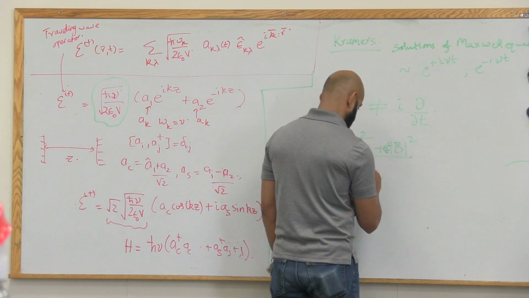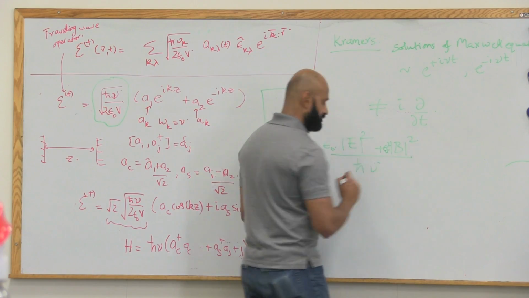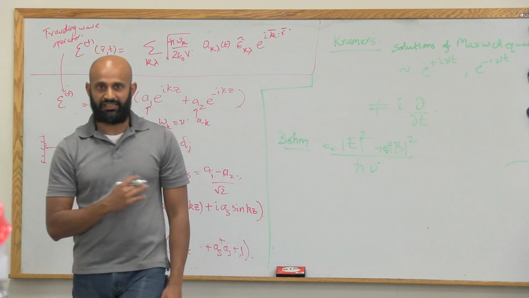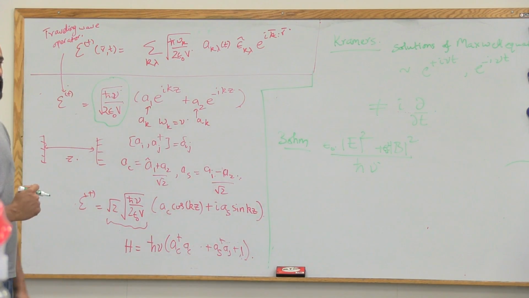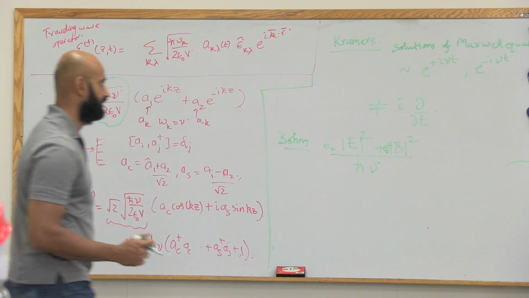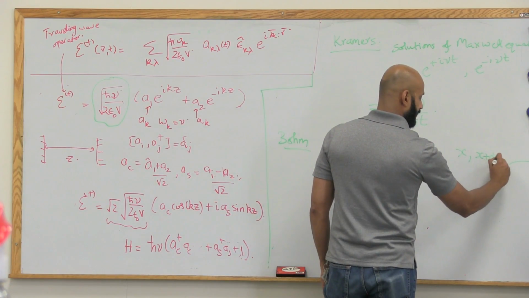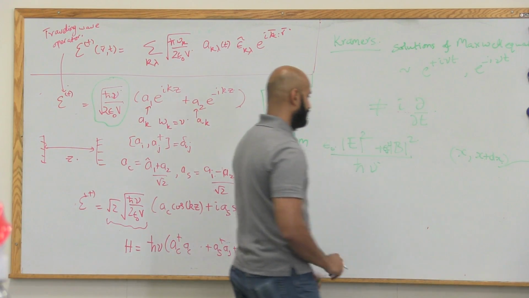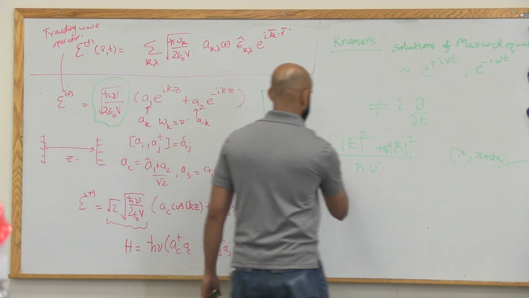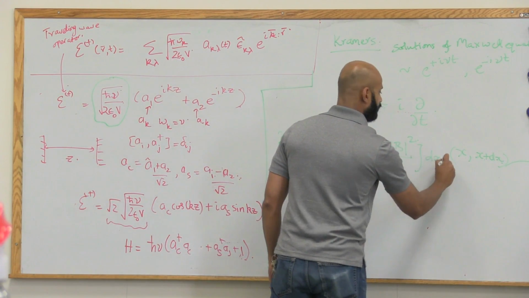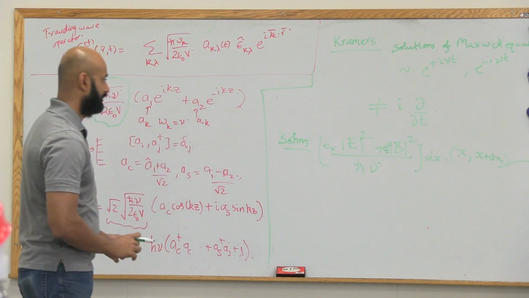The obvious candidate is to divide by h bar nu and say that this is my probability to find the particle in some region between x and x plus dx, in some neighborhood of x.